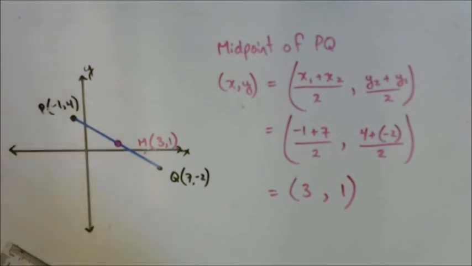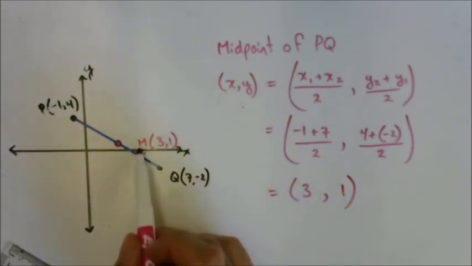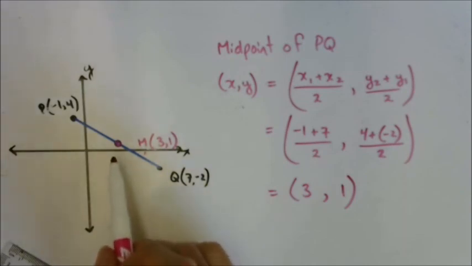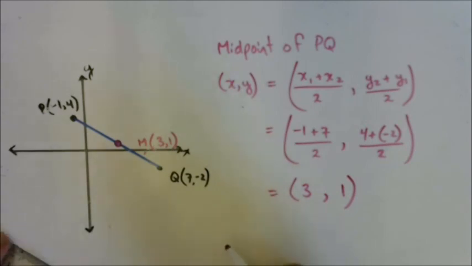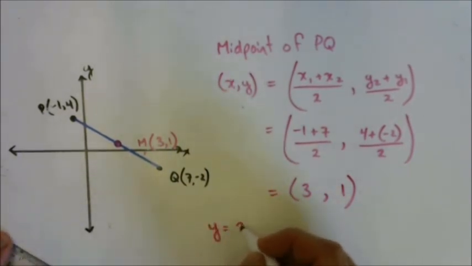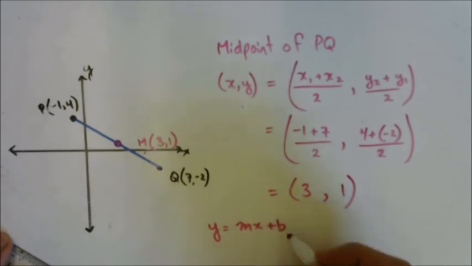Now I have the slope of the line. I have a point on the line. Well, now all I need to do is use the coordinates of this new point, which falls on the line, and the slope of the line, which we decided was positive 4 over 3, to use the linear equation, y equals mx plus b, to find our y-intercept. So here we go. We're looking for y equals mx plus b.